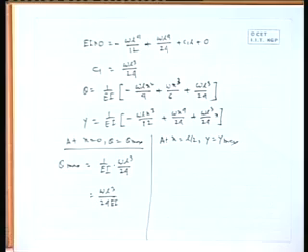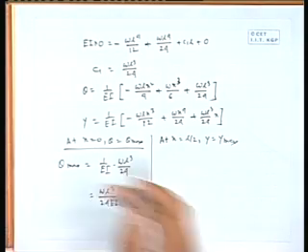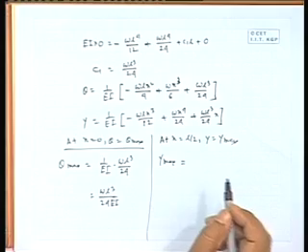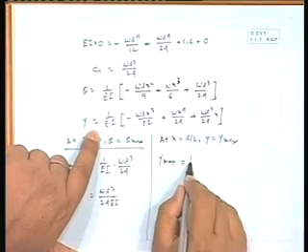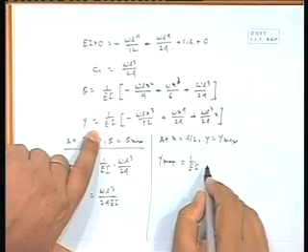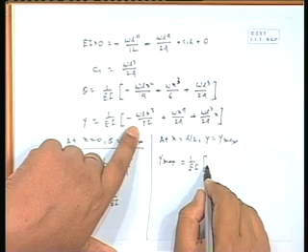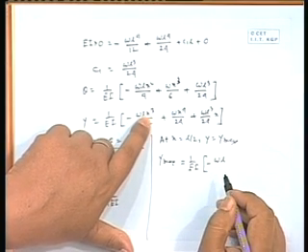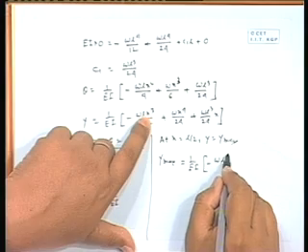So, it will be at the center of the beam. So, your y max, here we have to put 1 by EI, minus omega L, and we have to put L by 2 here. So, it will be L to the power 4.